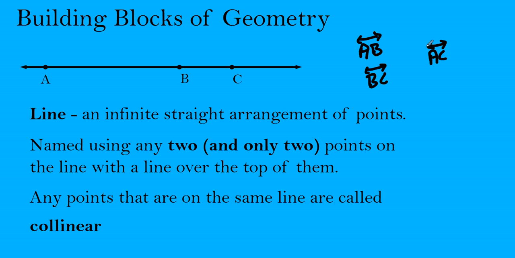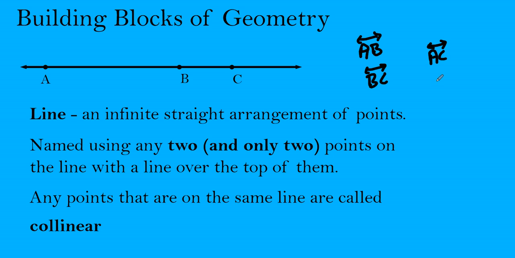The symbol over the top is really important. That indicates what we're talking about here, and that's how you're going to communicate that you know what you're talking about. When you are naming something symbolically, you have to have the right symbols over the top. So 2 capital letters with the line with arrows over the top of it.